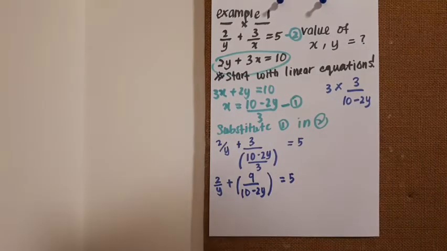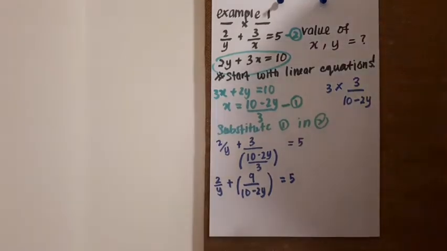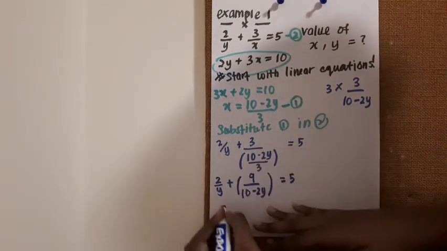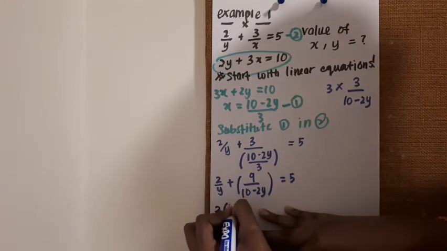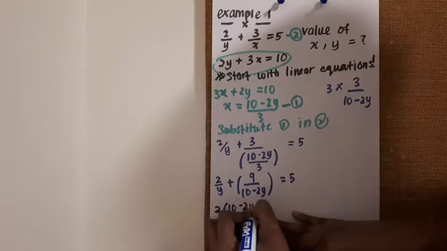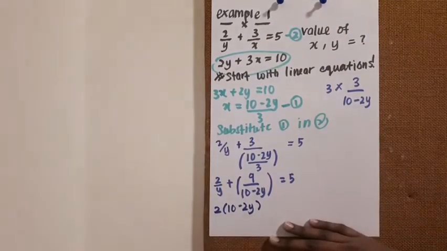Now we have to make sure that the denominator becomes similar. So we can always make it similar by cross multiplying. So it's going to be something like this.